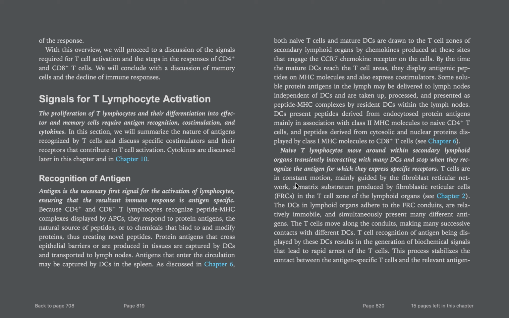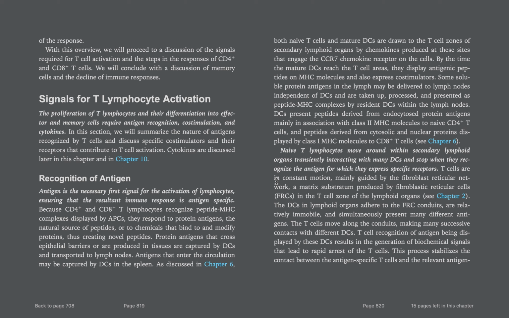T cells are in constant motion, mainly guided by a fibroblastic reticular network, a matrix substratum produced by fibroblastic reticular cells in the T cell zone of lymphoid organs. The dendritic cells in lymphoid organs adhere to FRC conduits, are relatively immobile, and simultaneously present many different antigens. The T cells move along the conduits, making many successive contacts with different dendritic cells.